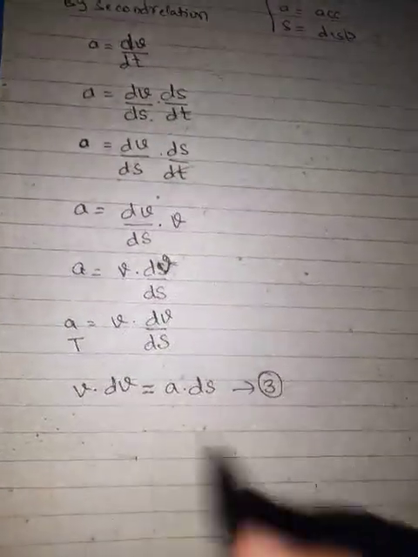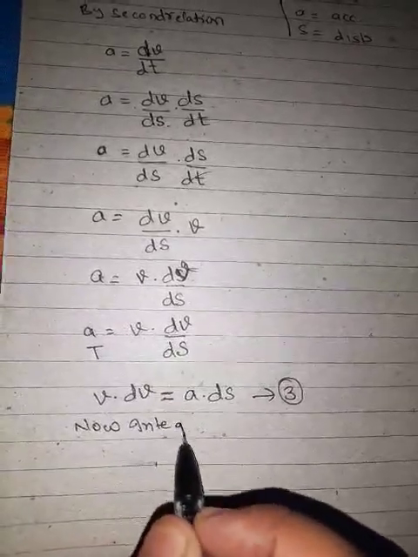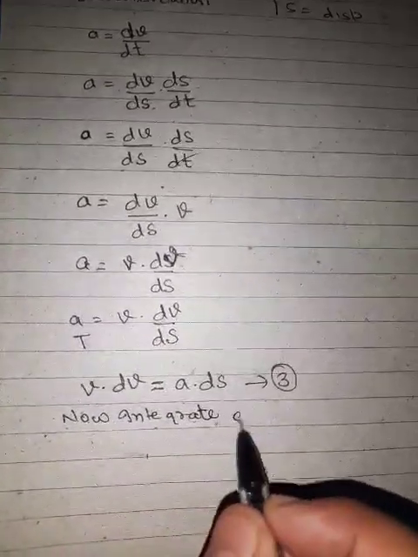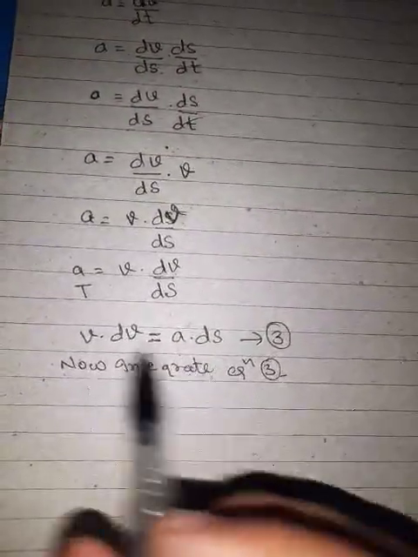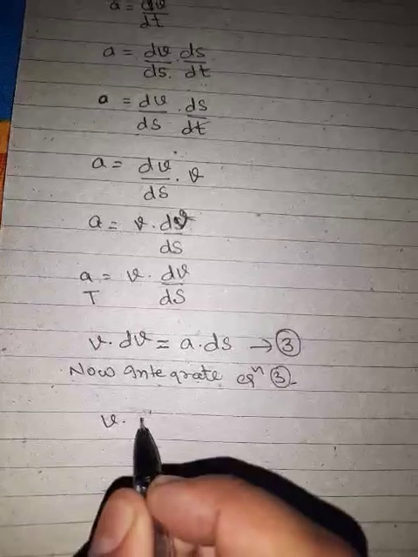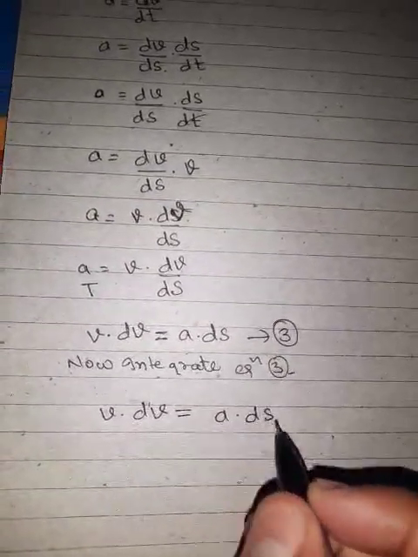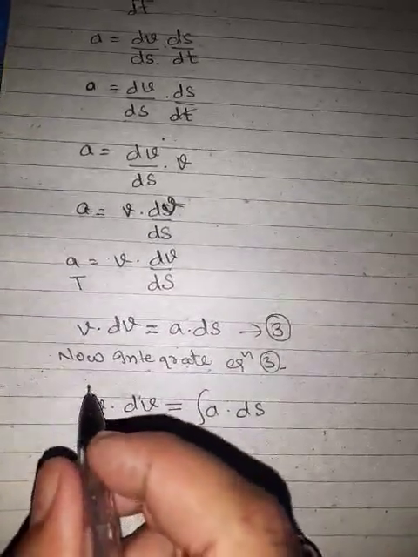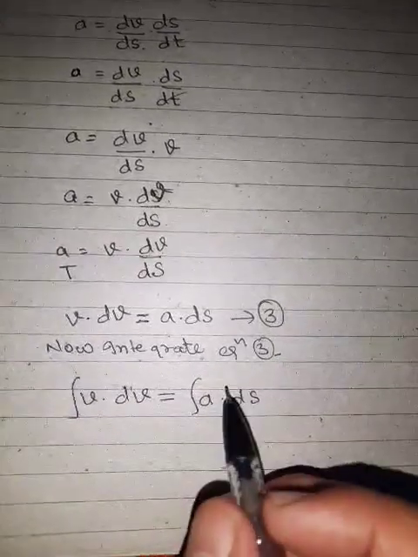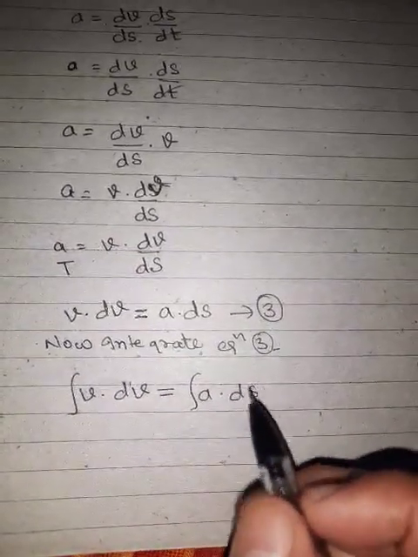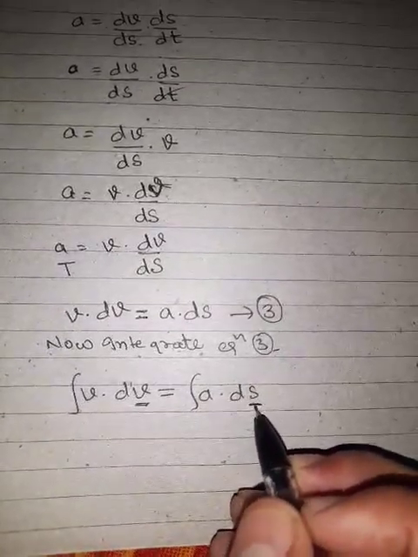Now integrate equation 3. Then we get v dv is equal to a ds. To integrate this equation, we integrate with respect to velocity on one side, and with respect to displacement on the other. This v is velocity, this s is displacement.